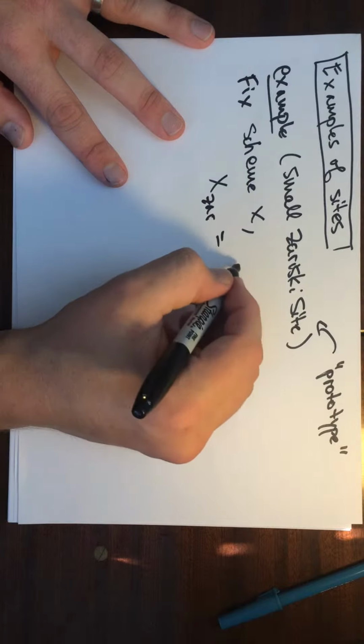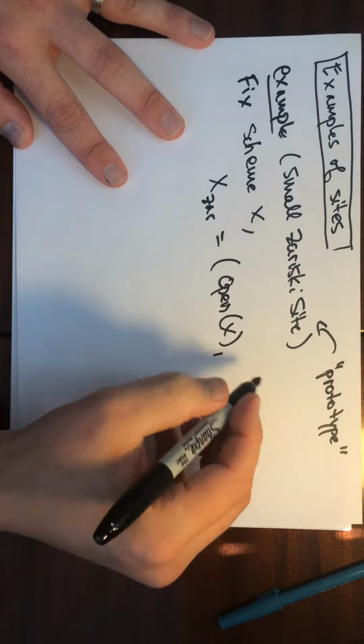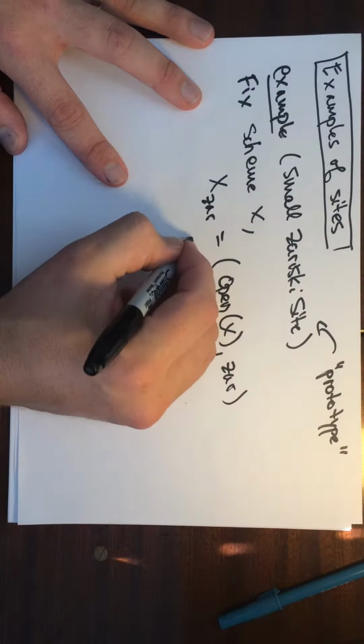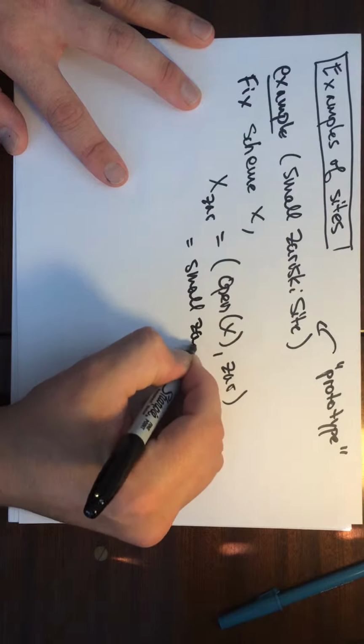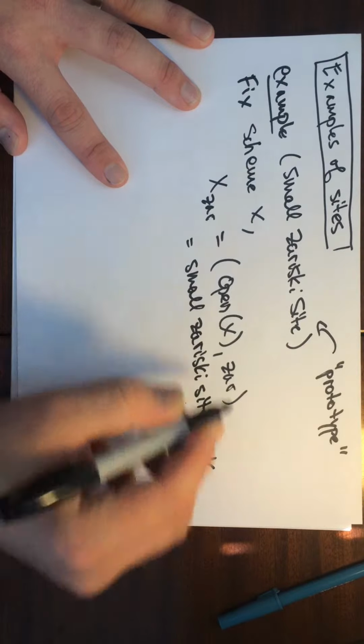And this is going to be a pair, so we have a category, and then we have a Grothendieck topology here. So this is the small Zariski site of X.